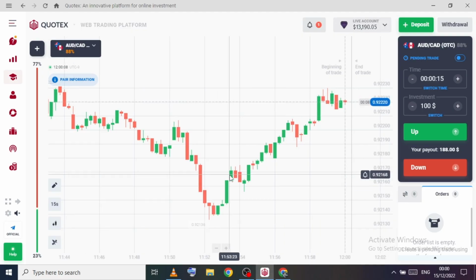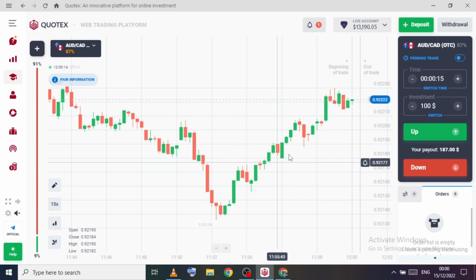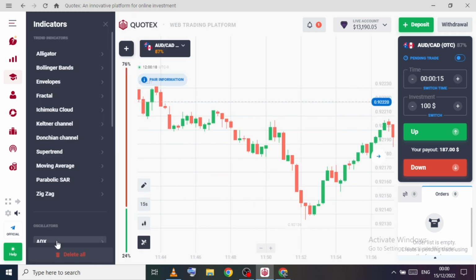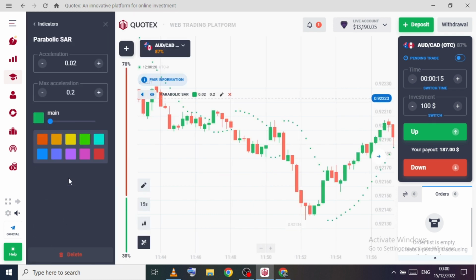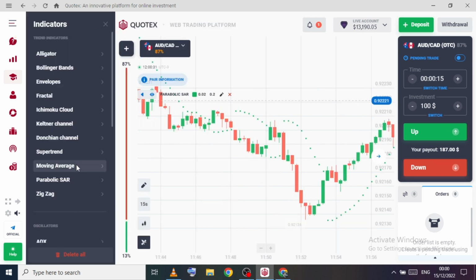Okay, welcome back, guys. So these are the settings. We're gonna move so fast. Basically these are the indicators that we want to use. We're gonna have a Parabolic Sar, default settings, and then we want to have an SMA21.